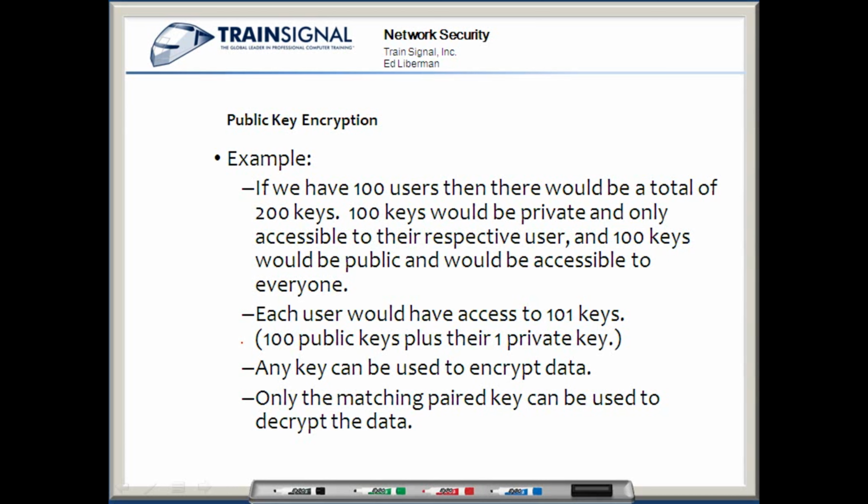And that one key will be the matching paired key against whatever key it was originally encrypted with. So although I might have a lot of choices in what key I use to encrypt the data, it's only going to be accessible and decrypted by one matching key.